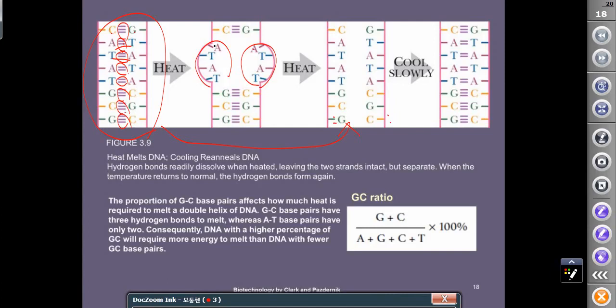So AT bonds start to break first, and then they are melted like that. And once you cool down again, the complementary strands come together and bond to become the original double-stranded DNA. So if you have higher GC content, the melting point should be higher.